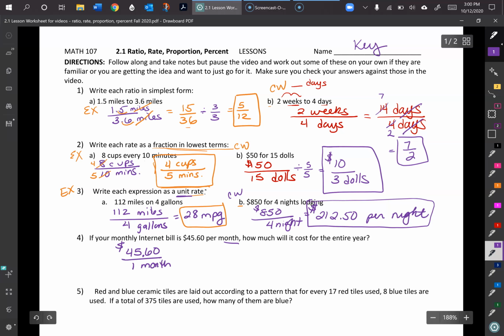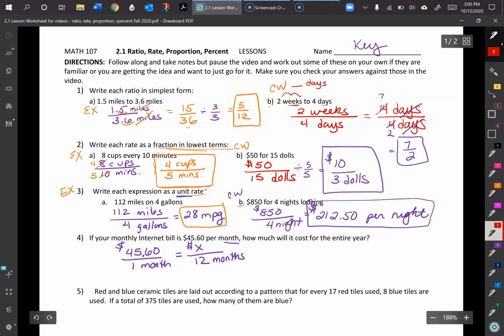We could do a proportion, or we could just know that we have 12 months in a year. So we can do it that way too, using unit analysis that you've had. But let's just say we didn't know that. We would just say X dollars for 12 months, 1 year, right?